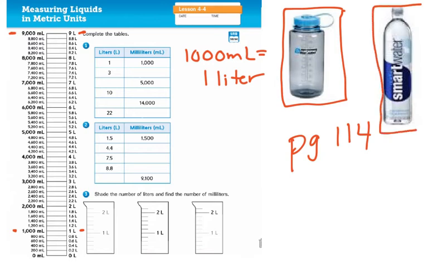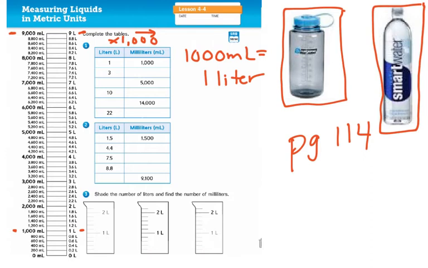This extra large water bottle also is a liter or 1,000 milliliters. So on number 1, we're going to multiply by 1,000 when we move from liters to milliliters. Let's go ahead and fill in the missing numbers.